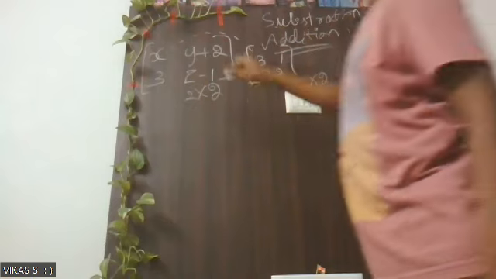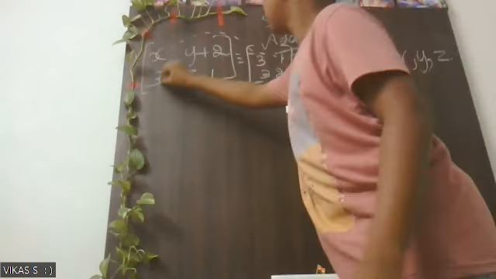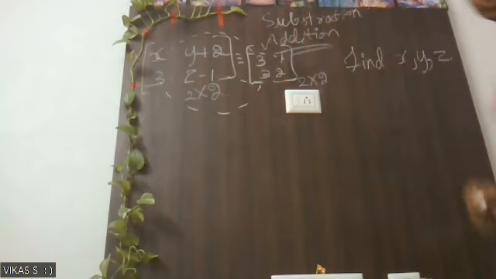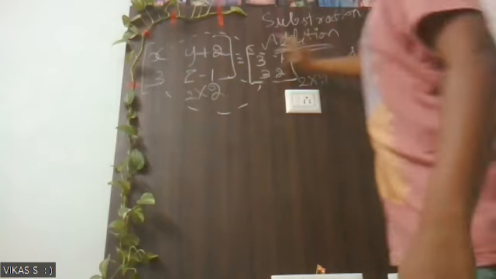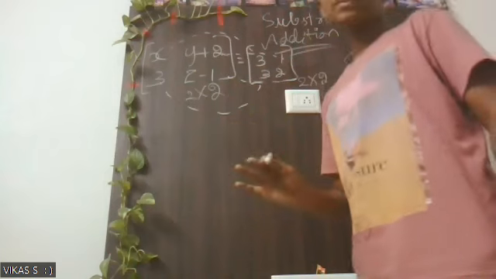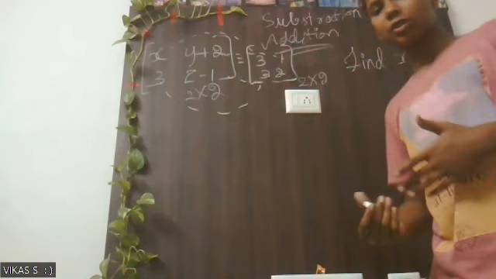This to this, 3 to 3, z minus 1 to 2. Understood? This is subtraction or addition method. The next one will be more simpler. This is just a little easy, but at the same time a little confusing.